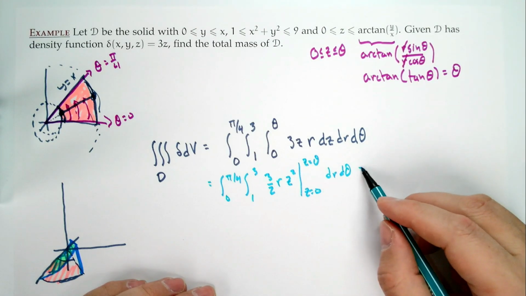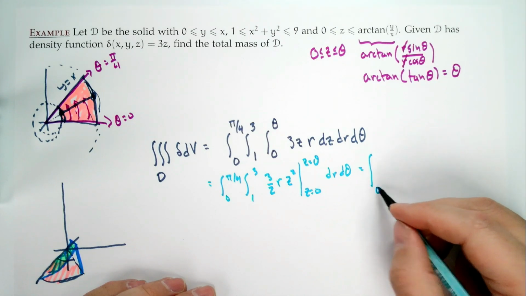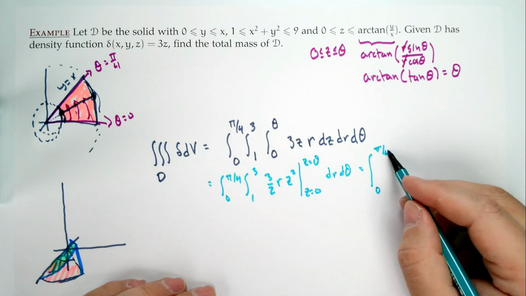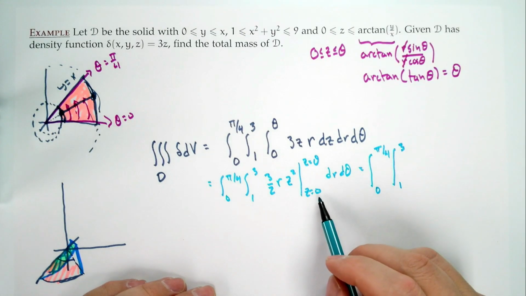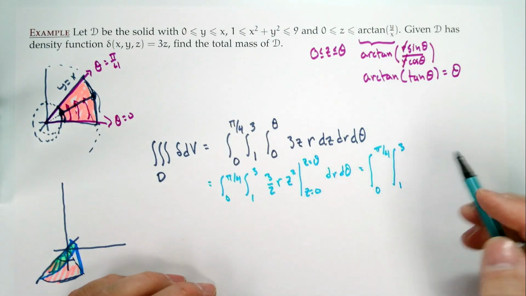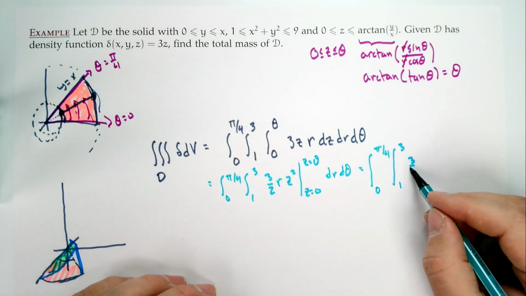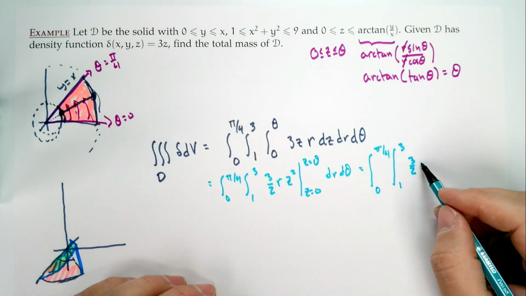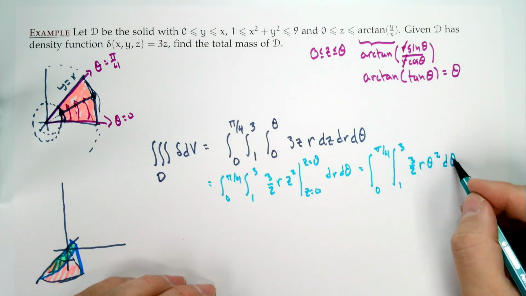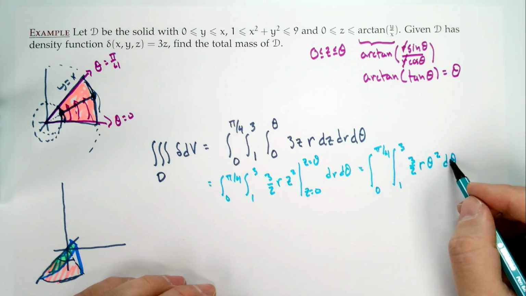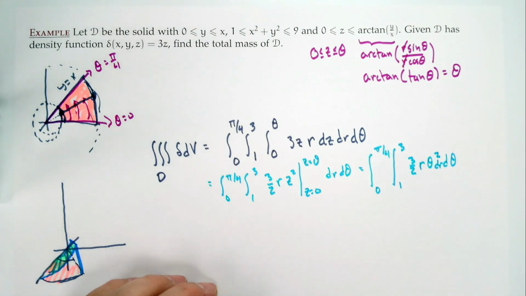So let's do that evaluation. Integral 0 to pi fourths, 1 to 3, and the nice thing is we plug in 0, we get 0, we plug in theta, we're going to get 3 halves r theta squared, dr d theta. There we go.